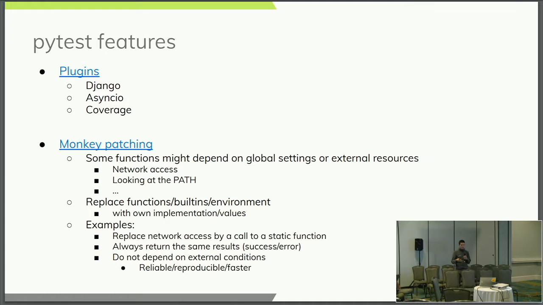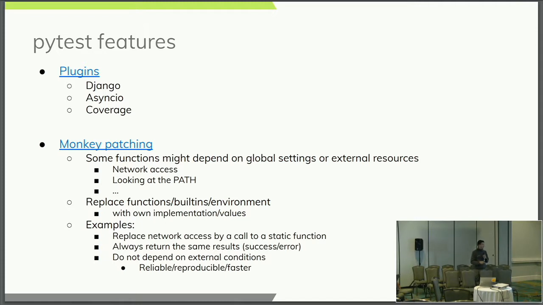So what you can do is replace all the calls to the network by a function that will always return the same stuff. So instead of doing an actual HTTP request, it will just return immediately the value that you're expecting, or raise an exception or something like that. So you can pretend that there is a server running on the network. Your code will not actually make a call to it, but it will get the results or get exceptions.